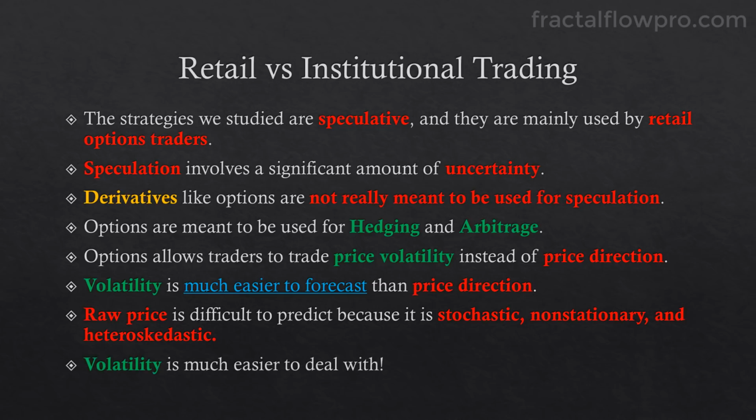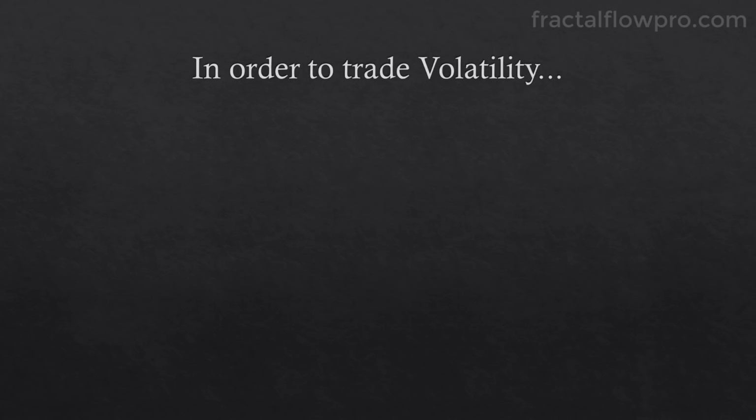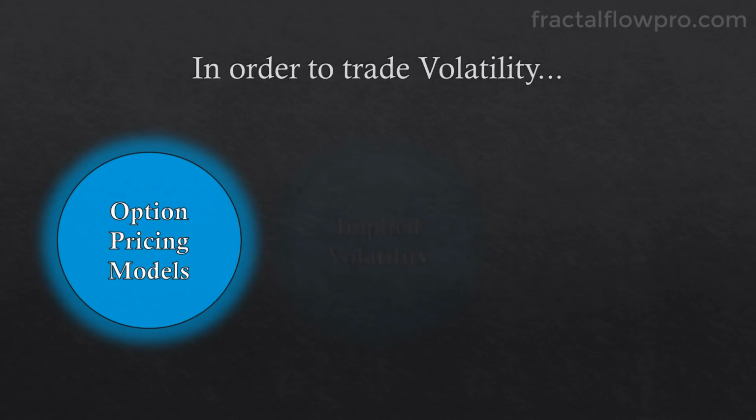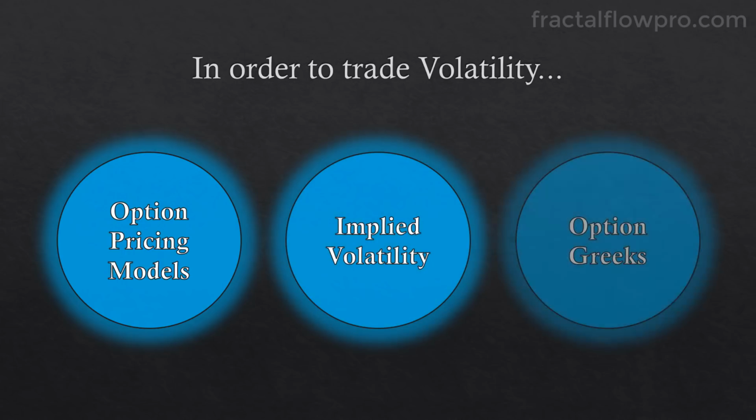Price volatility, on the other hand, has much easier properties to deal with that enable traders to negotiate it more easily. That's why institutional traders focus on that instead of price direction. However, in order to trade price volatility, the option trader needs to be aware of a few more advanced ideas regarding the options market. The trader needs to understand about option pricing models, implied volatility, and what's called option Greeks.